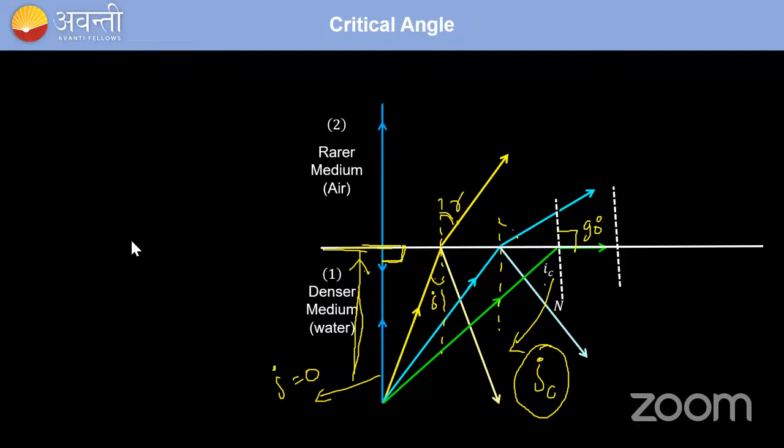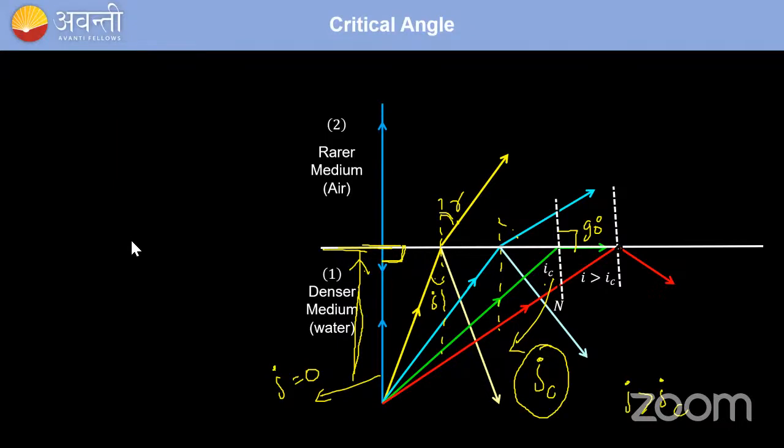If we increase the angle of incidence beyond this, such that I is greater than IC, what will happen? You can't say it is getting refracted actually. It will be wrong to say it is getting refracted. Light is getting reflected, because it is not moving on to the next media.